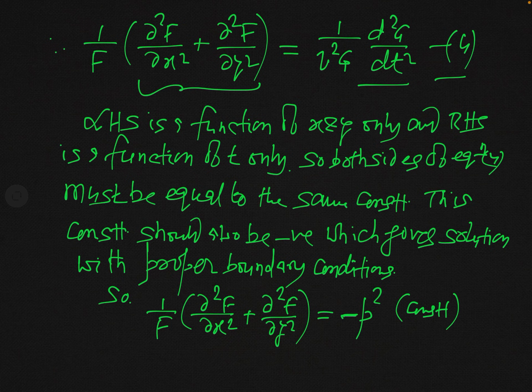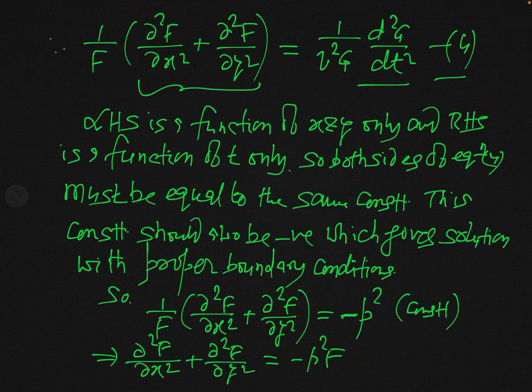And so from here we can write that our equation will be del 2f by del x square plus del 2f by del y square equal to minus p square f. And equivalently, you may write this equation in this manner.